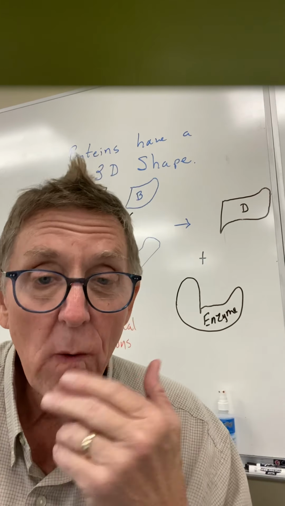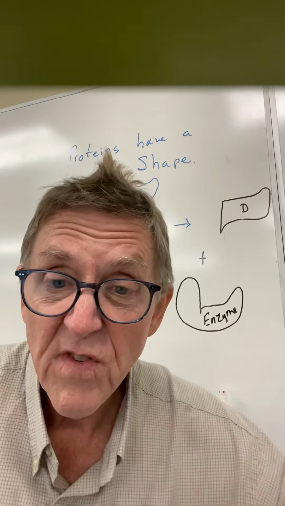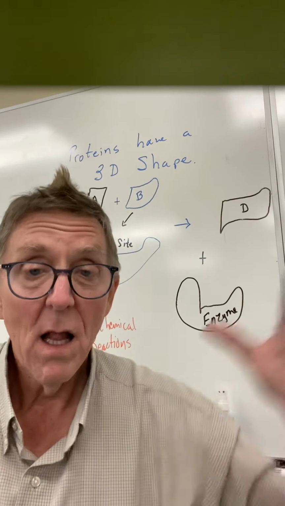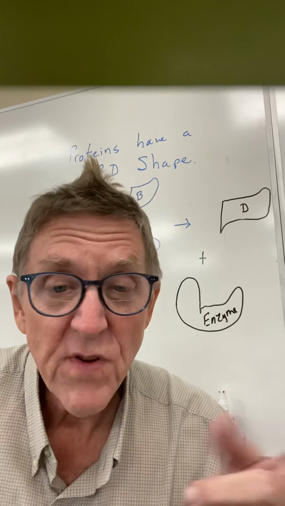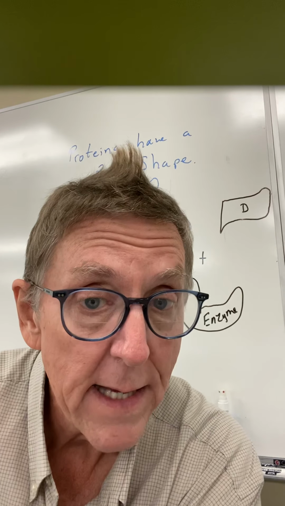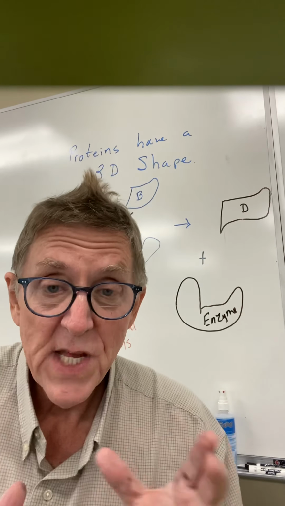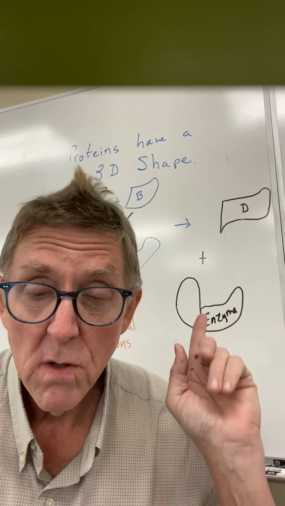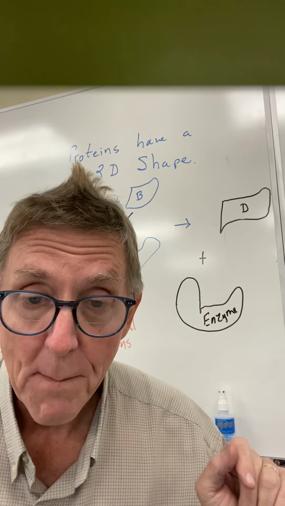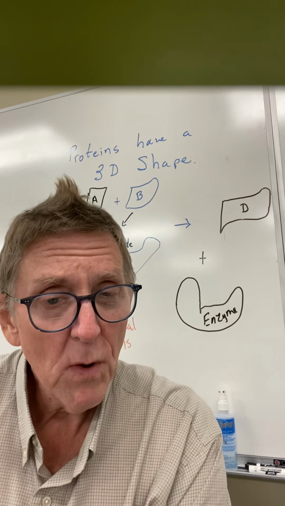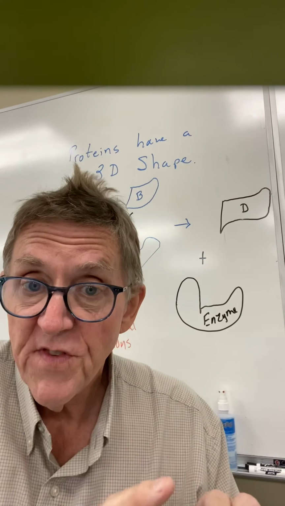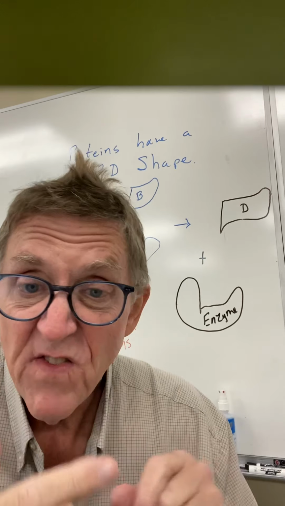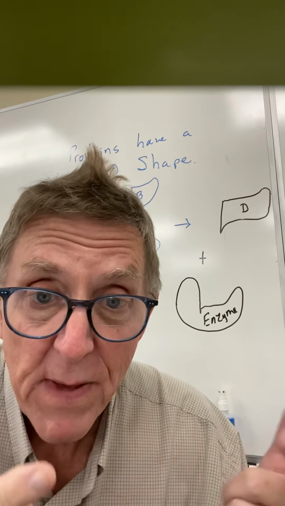So this is how all of the chemical reactions of life that are driven by ATP, the energy, are coupled with an enzyme. We talked about a couple of reactions. We have reactants, an enzyme, and then this heat, this ATP energy.